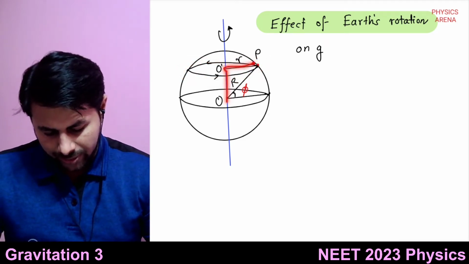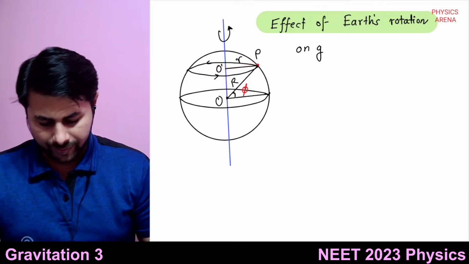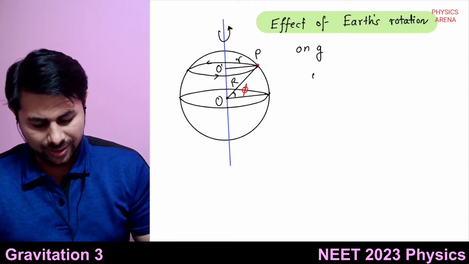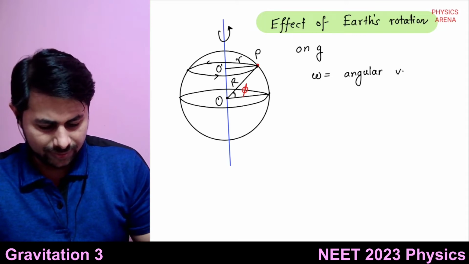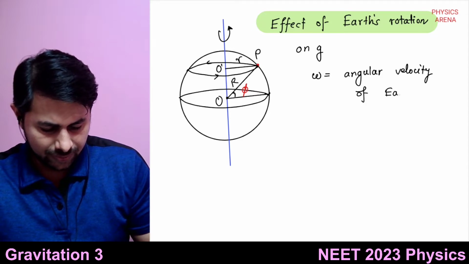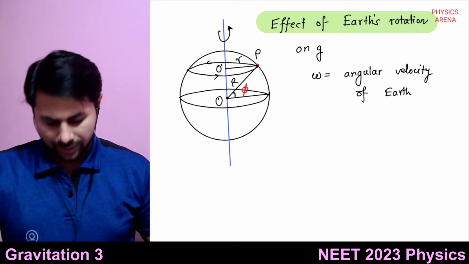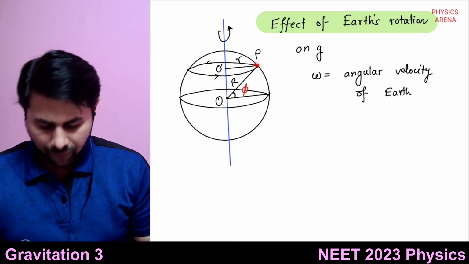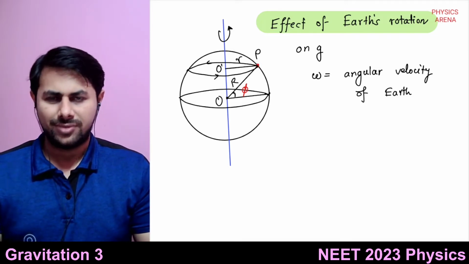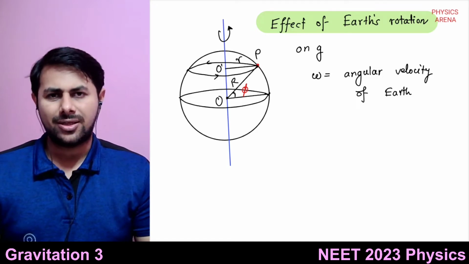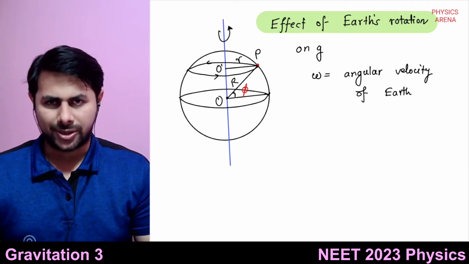Let's suppose omega is the angular velocity of Earth. The same will be the angular velocity for this particle, for this circular motion. And we know that circular motion is an accelerated motion.